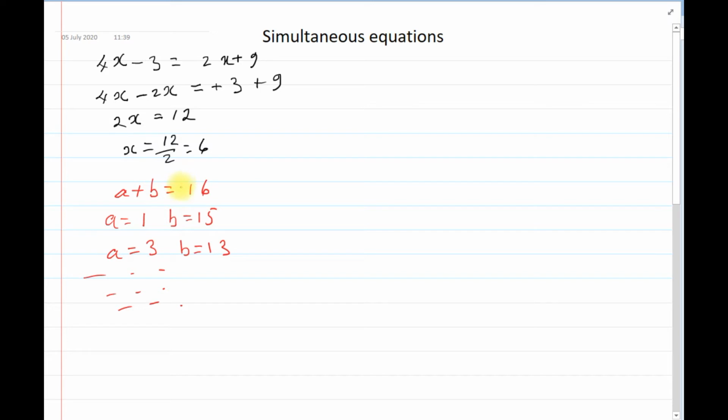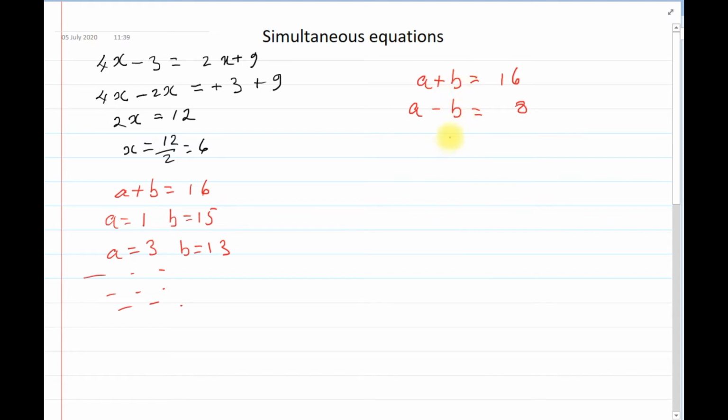We need to have two equations to describe two unknowns to be able to find a unique pair of values for them. For example, if I have a plus b is equal to 16, as I have here, and say I have a minus b is equal to 8. Now here I have two equations, and I need to find values of a and b which simultaneously satisfy both of these relationships, both of these equations.